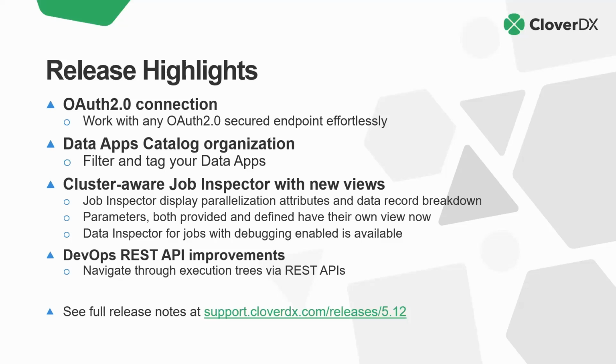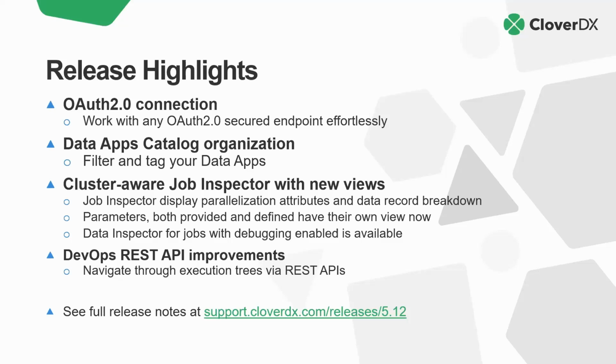So let's take a look at Data Apps Catalog organization. Basically, we got a lot of feedback on larger data apps catalogs and how it's hard to search for what you're looking for, which is why we added a filter into the catalog, and also we enabled categorization based on sandbox names or custom categories which you can assign in CloverDX Designer when you're actually creating a data app.